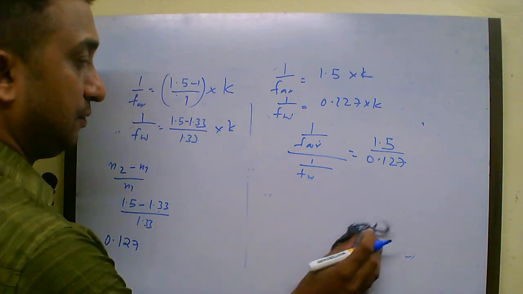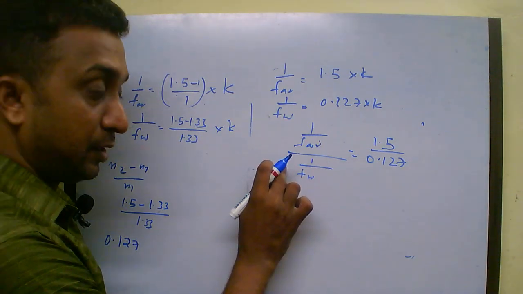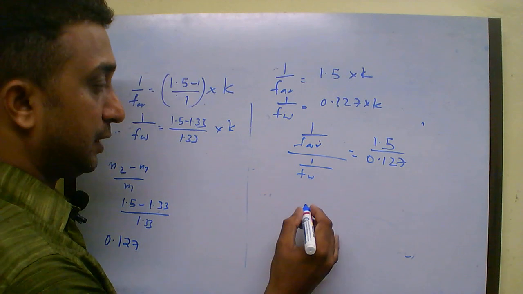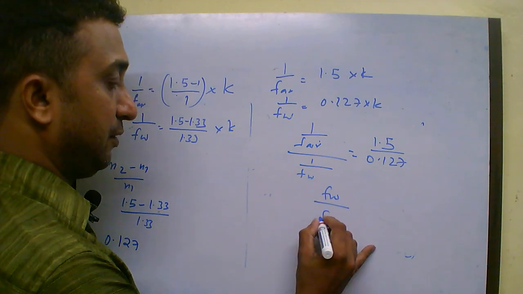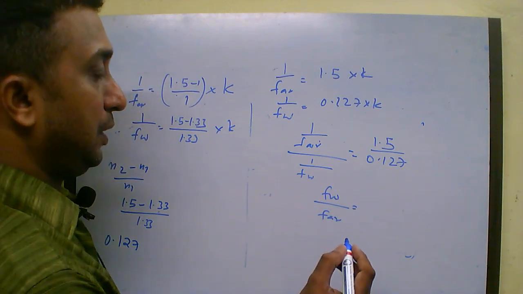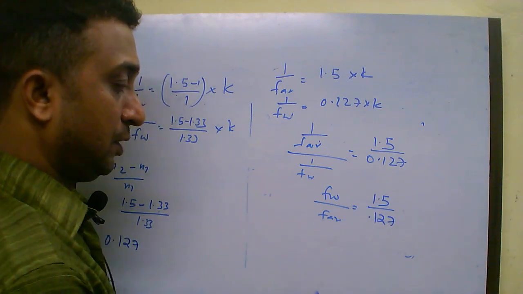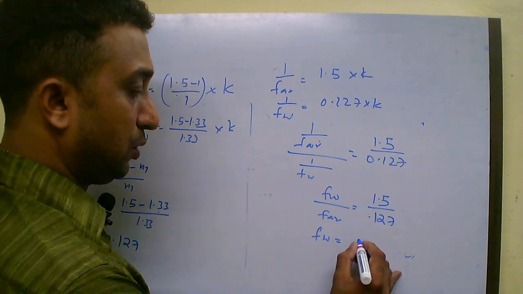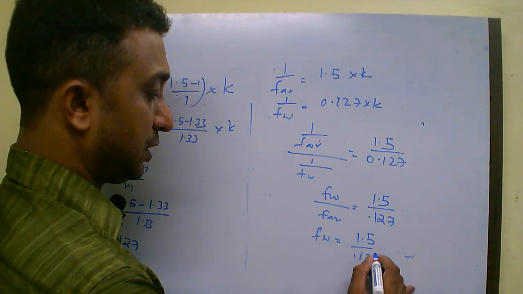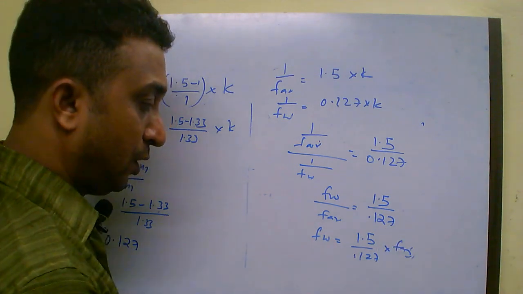Now this goes to the denominator and this goes to the numerator, so f in water by f in air will be equal to 0.5 by 0.127, so f in water will be 0.5 by 0.127 times f in air.